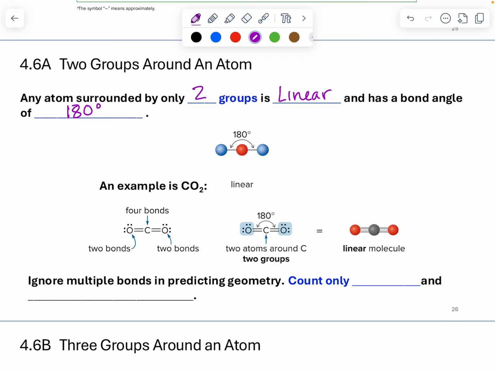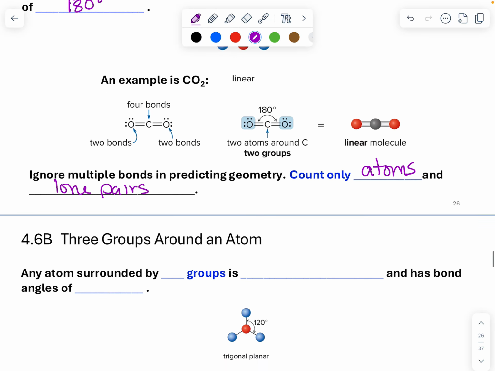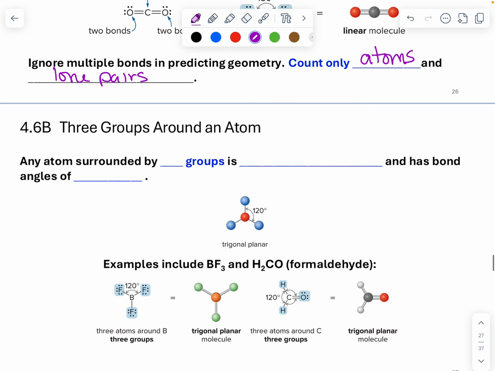It also forms a linear shape. You ignore the bonds when predicting the geometry, and you count only atoms and lone pairs. So it doesn't matter if it's a single bond or double bond, a triple bond, that doesn't change the shape. So only count the atoms and the lone pairs.